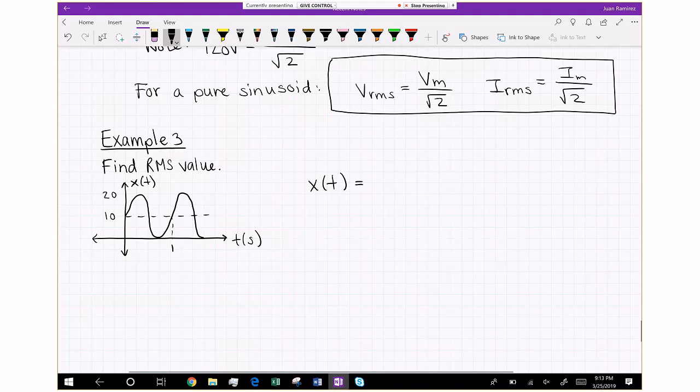What if we want to write this signal out? So the sinusoidal portion of it has an amplitude of 10, right? And in fact, this follows sine, not cosine, or cosine with a phase shift. So let's just write it as a sine for now.